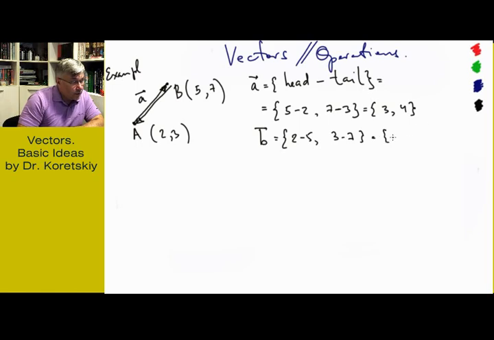And it has minus 3 and minus 4 components. Despite the same length, these two vectors are not equal, and they are opposite vectors. They have different, opposite directions here. So we can say that A is not equal to B.